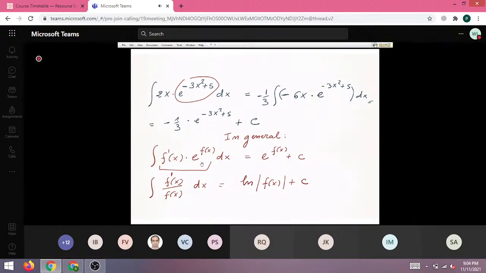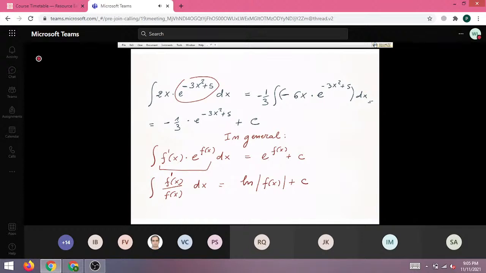This is the derivative of a composite function. It's not f of x, it's the exponential of f of x. If I take the derivative of this, the derivative is the exponential of f of x times f prime of x. So in the integrand, we have the structure of the result of the application of a chain rule. This is the main message.